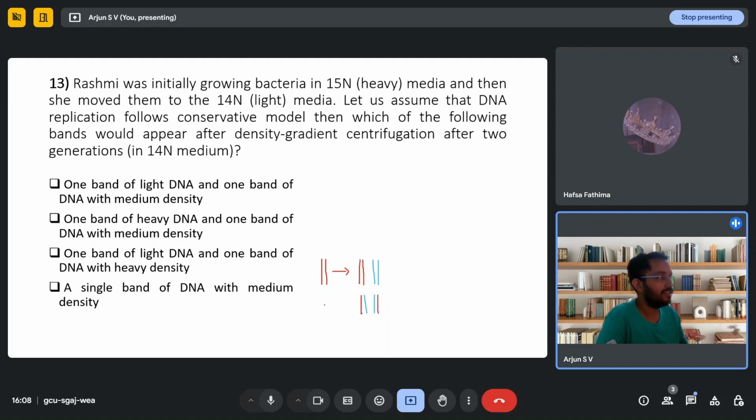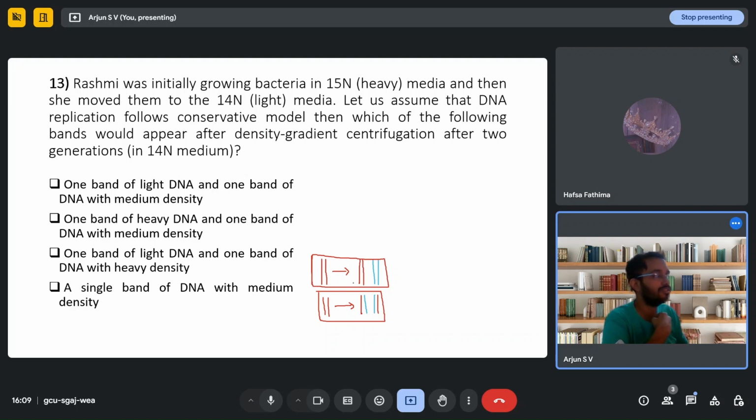So this is the difference between your conservative and semi-conservative model. The semi-conservative one was proved through the Meselson and Stahl experiment, whereas the conservative one is what is being asked in the question.